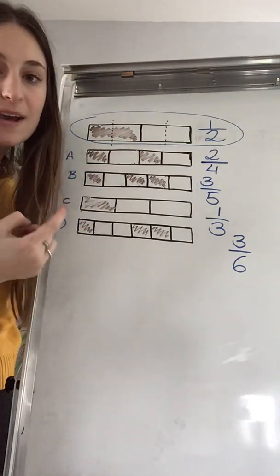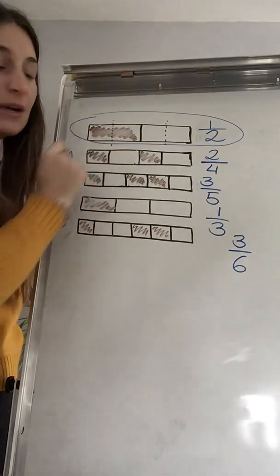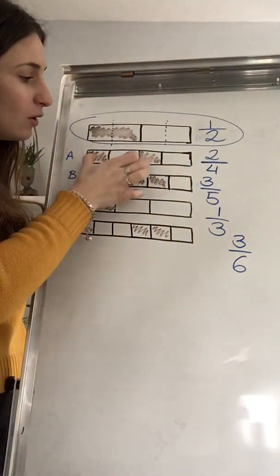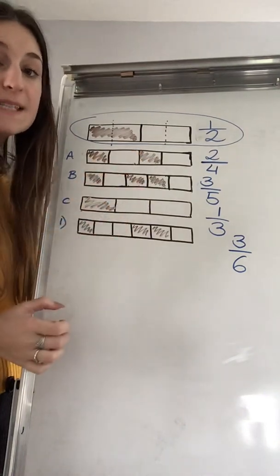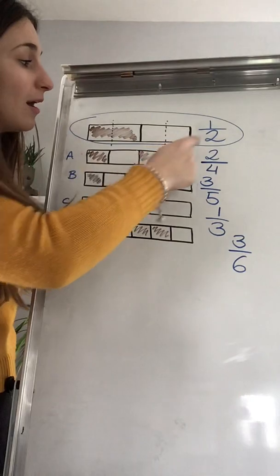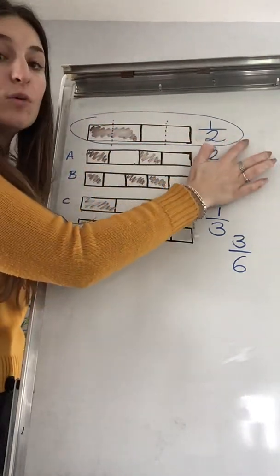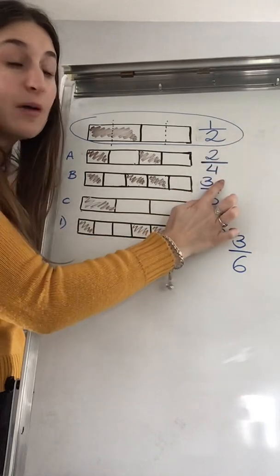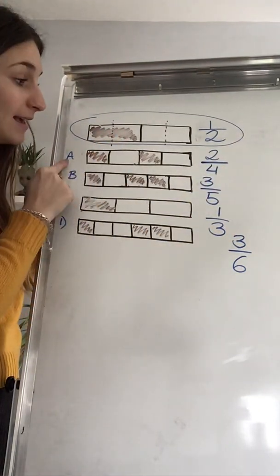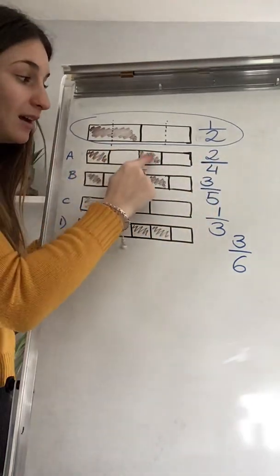How many have I taken to make it equal? 1 and 2, and here 1 and 2. So is it the same? Yeah. So if I have my 1/2 cut into 4 equal parts, to make an equivalent of 1/2, I will need to take 1 and 2. And in A, 2 quarters, I've taken 1 and 2.